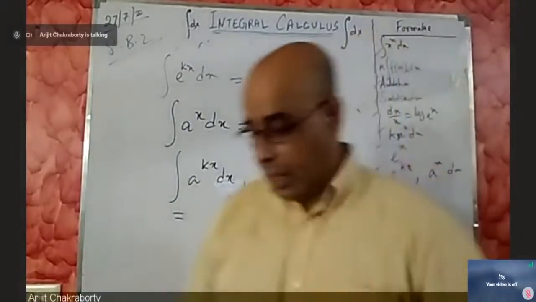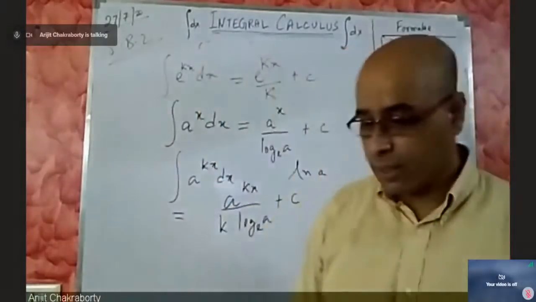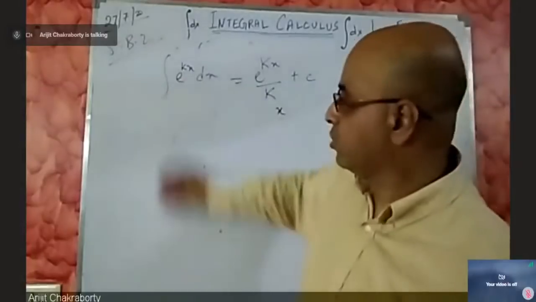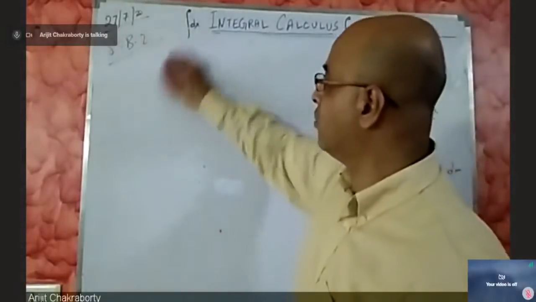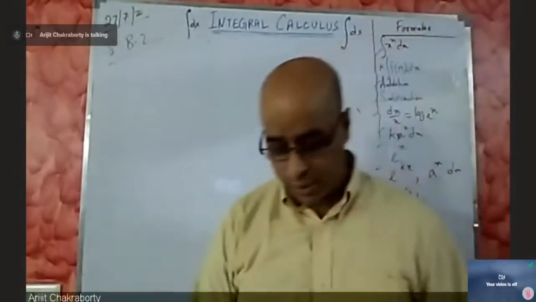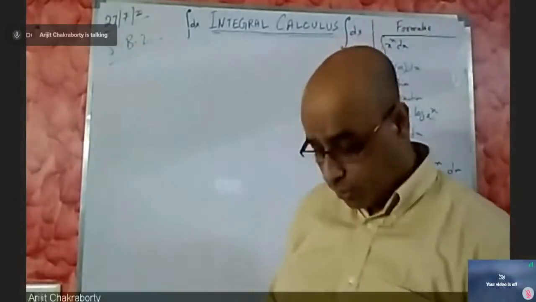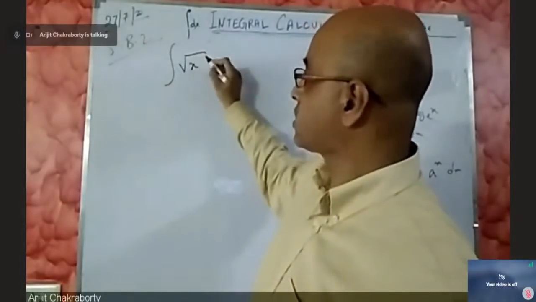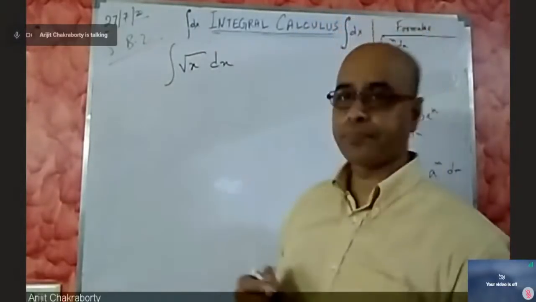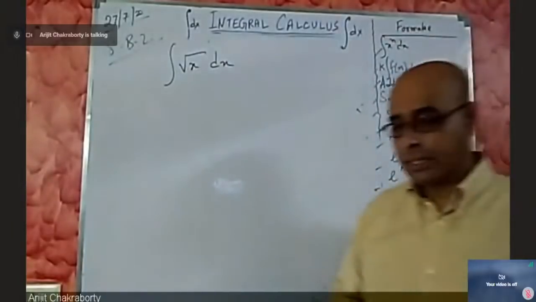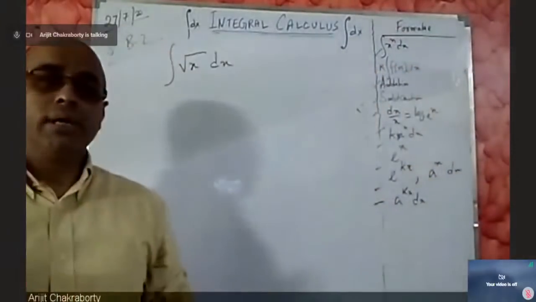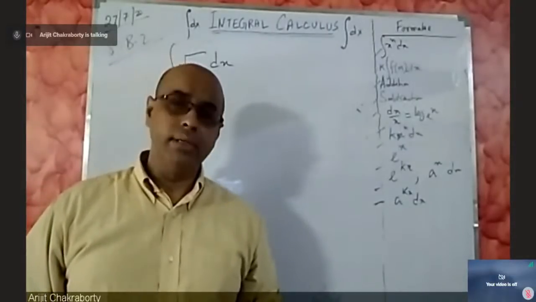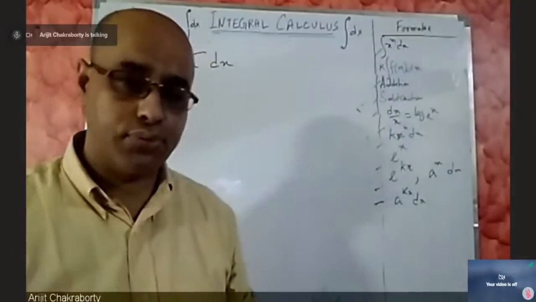We now proceed to see some more examples. So we do the formula, we note them, we also see examples, solve them together and proceed. Now I am taking up the square root function: integration of square root of x dx. What to do? Please remember that square root of x means x to the power half.